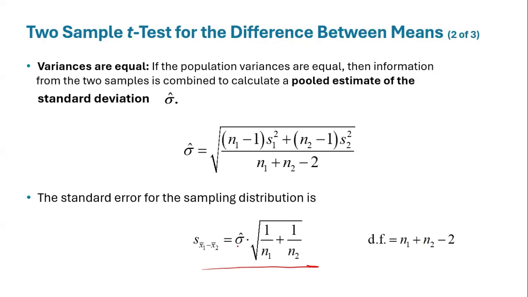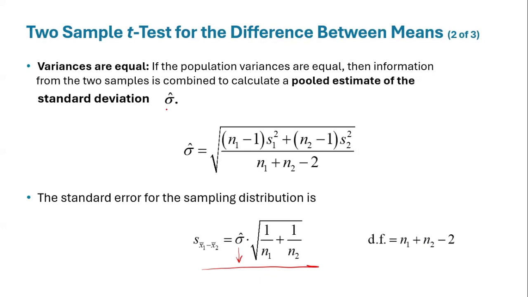And this formula requires a pooled estimate of the standard deviation. Sigma hat is called the pooled estimate of the population standard deviation. Why do we need to calculate this, and how do we calculate it? It depends on whether the variances of the populations are equal or not equal.